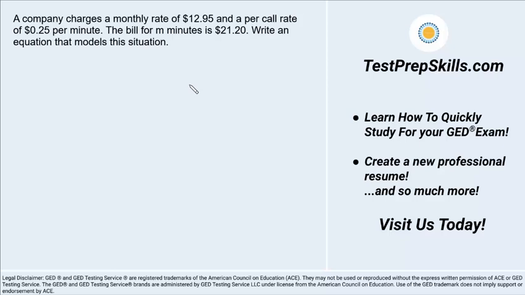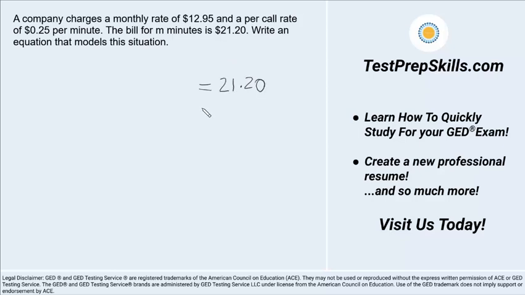So what we need to do is figure out all the separate charges that we need to add together that's going to give us our total. We're given a total. So let's write down the pieces we have and we're going to slowly build our equation. The first thing we know is our total. We know it's $21.20.